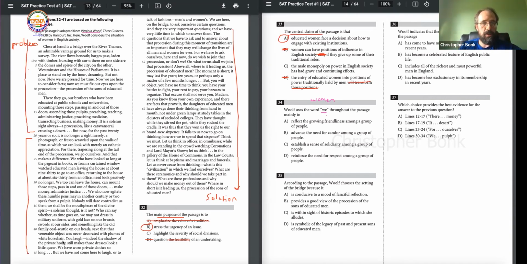So as she works through the solution, she's talking about them becoming united together, how everyone that she's speaking to has to prioritize the mission, prioritize the cause. And so as a result, C would become our best one, establish a sense of solidarity among a group of people, especially in the right hand column.